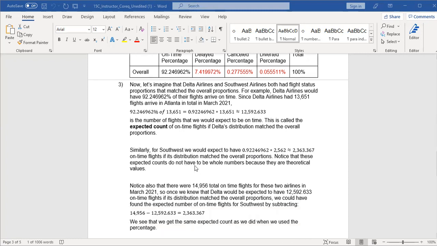Notice that there were 14,956 total on-time flights for these two airlines in March 2021. So once we know that Delta would be expected to have 12,592.633 on-time flights if its distribution matched the overall proportion, we could have found the expected number of on-time flights for Southwest by subtracting.